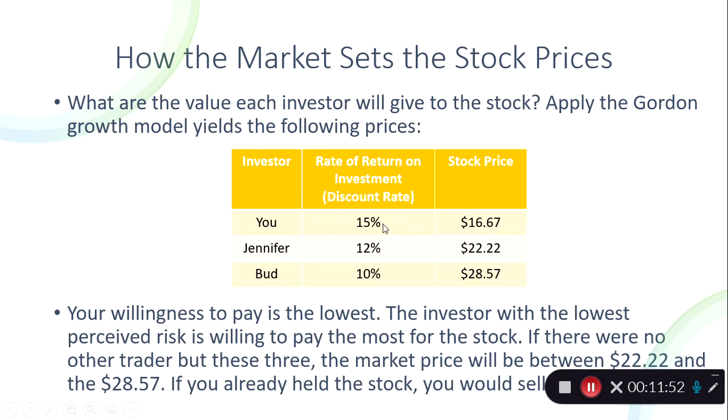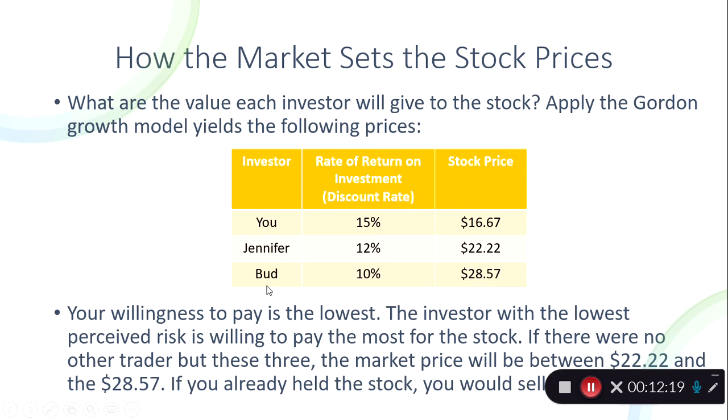You divide by something more. That's why your stock price is lower than other people's. Jennifer's KE is 12. $2 divided by 12 minus 3, that is 9%. So $2 divided by 0.09, you get 22.22.